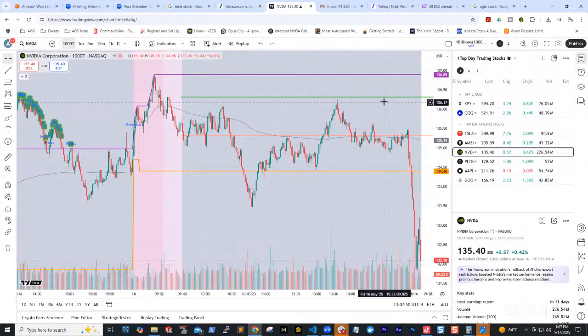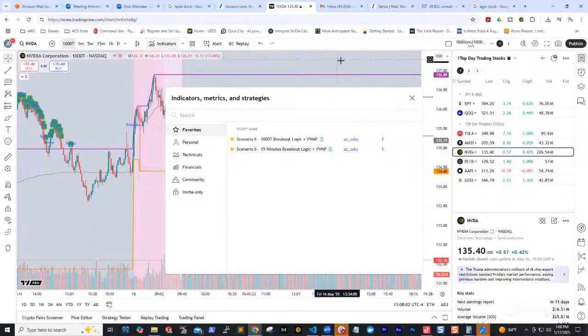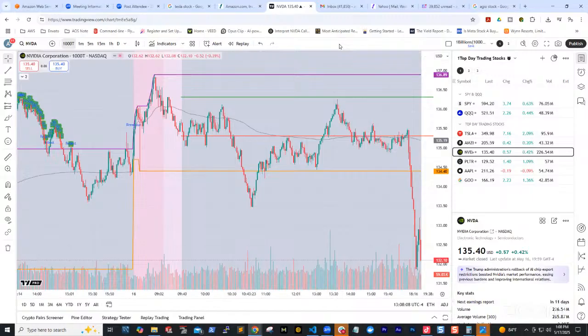I've tried to find your stuff too on there. I'm new to using TradingView, so let me do some research on how you guys can find it. Maybe I will try to open another account and see how to find it, and I'll let you guys know as soon as possible.